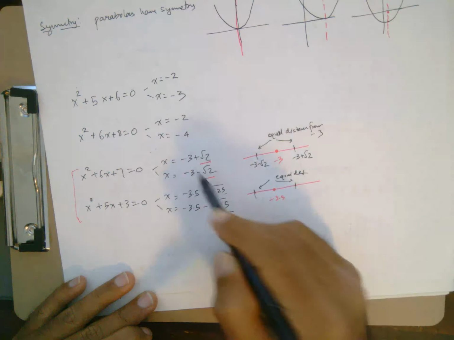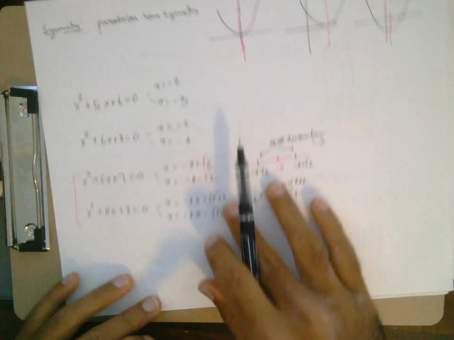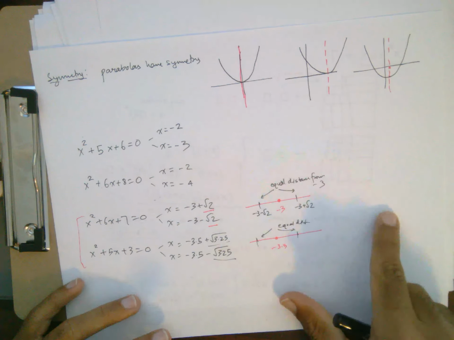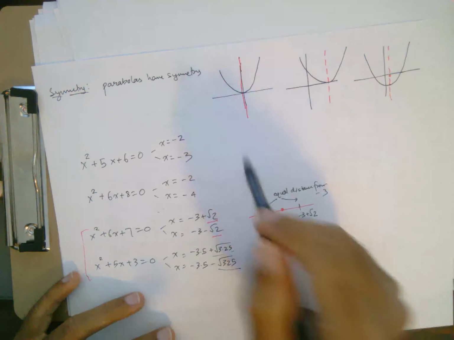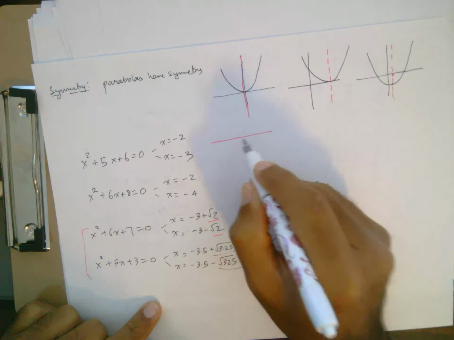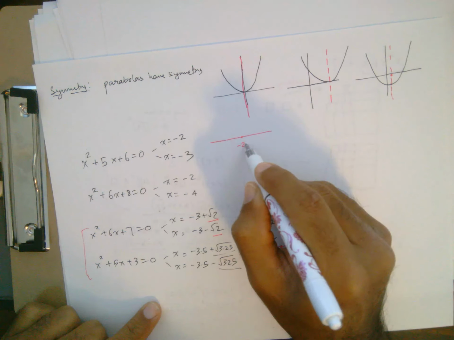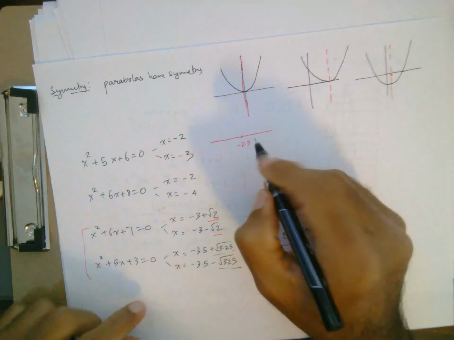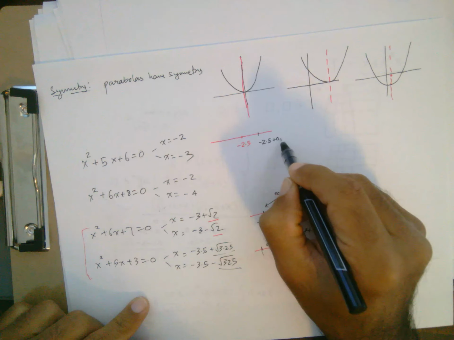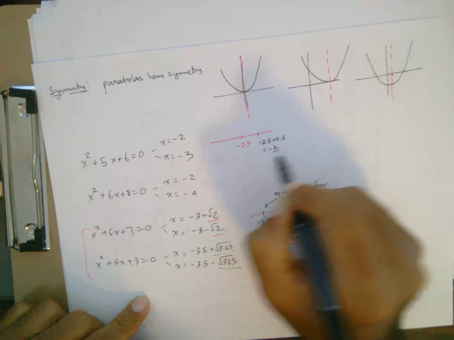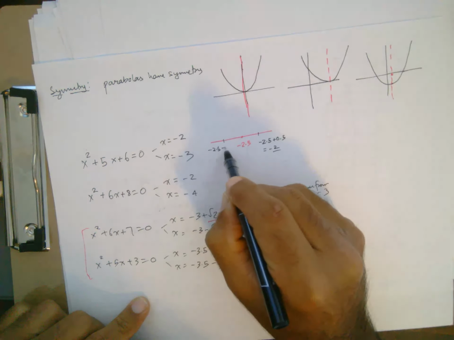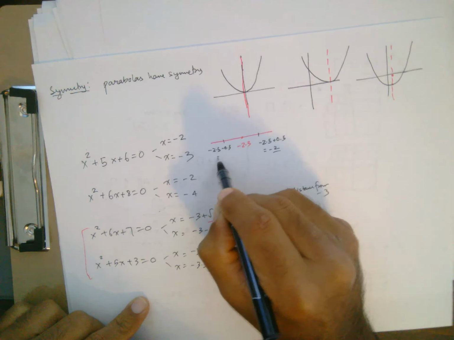While it's more obvious here, it's not very obvious here, but we can still find a point. If I take negative 2.5, then this point is negative 2.5 plus 0.5, which is negative 2. And the other value is negative 2.5 minus 0.5, which is negative 3.